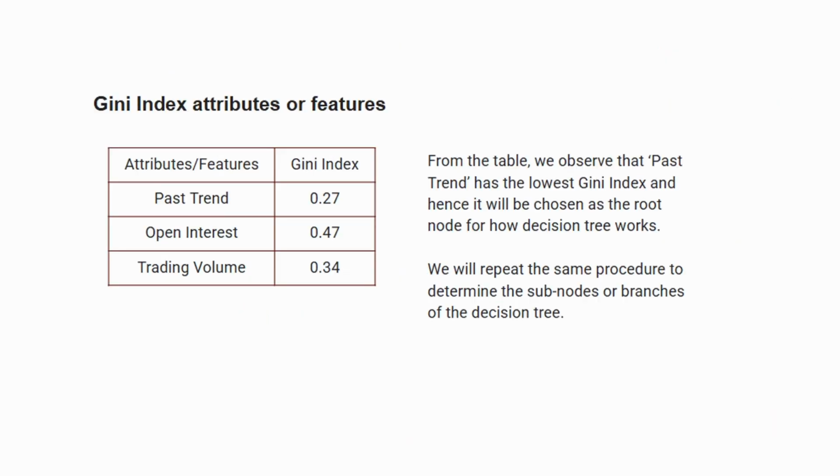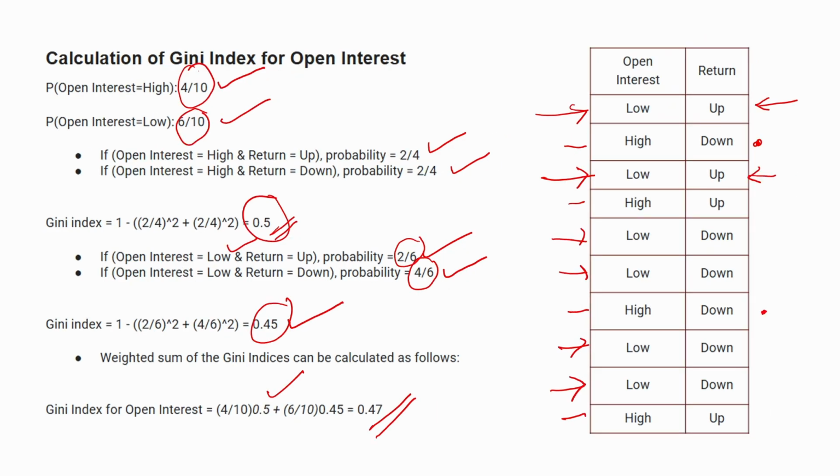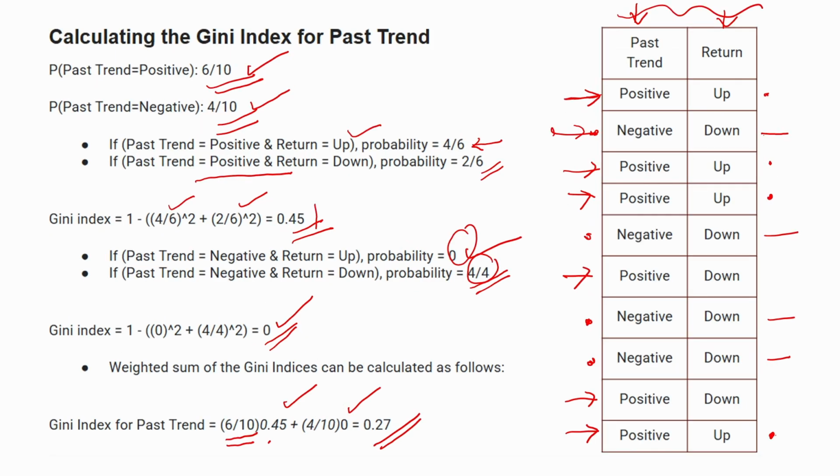For past trend we got 0.27, for open interest we got 0.47, and trading volume we got 0.34. You can see trading volume is 0.34, open interest is 0.47, and past trend is 0.27.